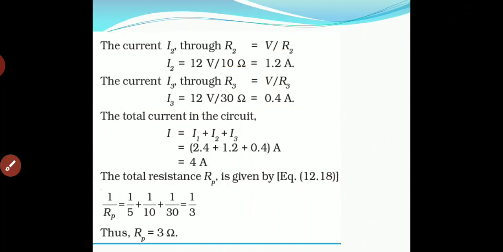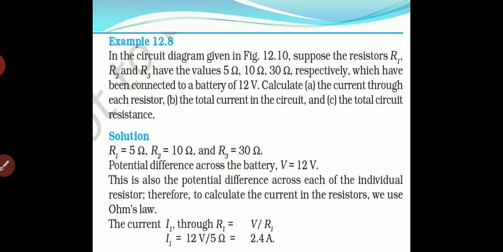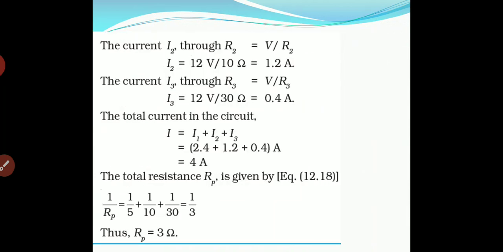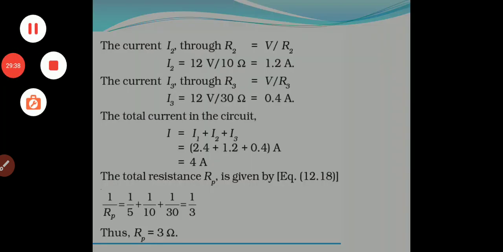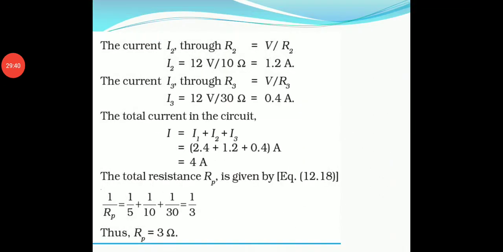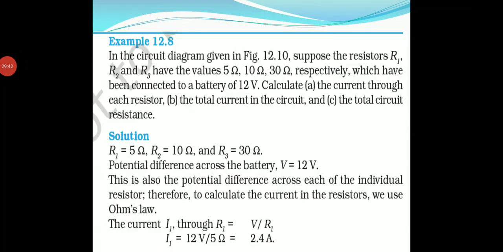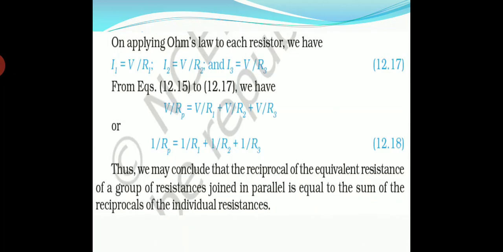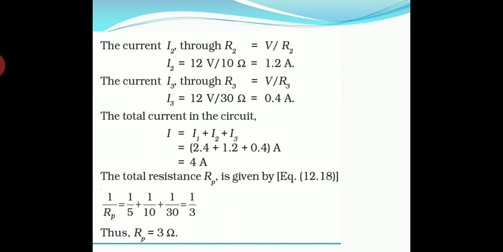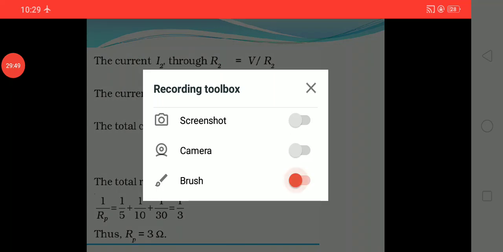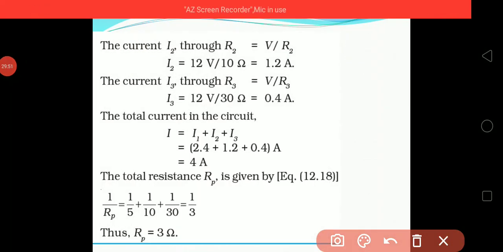Same way, individually if we find the current, then I2 is equal to 12 volt upon 10 ohm, because our second one is 10 ohm. Same way it will be 1.2 ampere. Same way for the third one it will be 0.4 ampere.